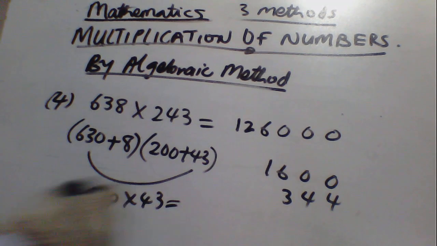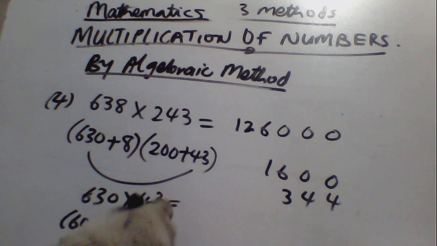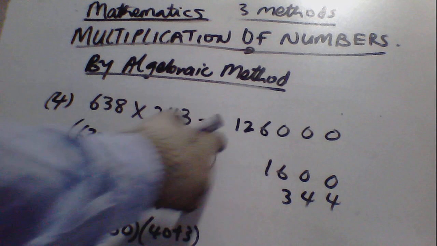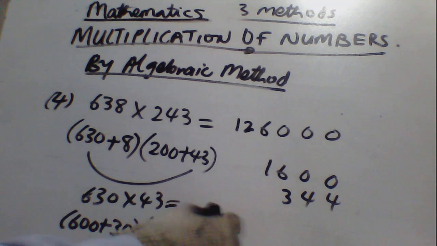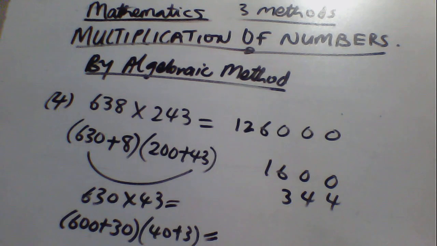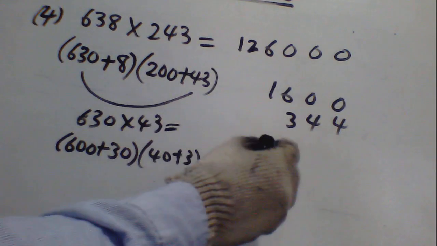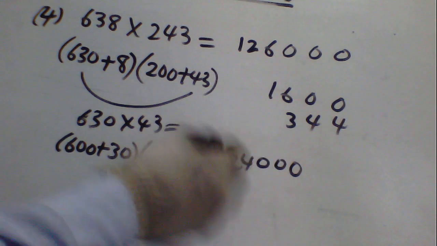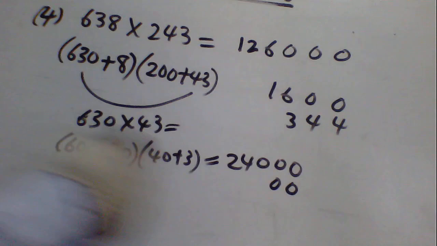So this is the same as 600 plus 30 multiplying 40 plus 3. 600 times 40, 1, 2, 3. 30, 1, 2, 3. 6 times 4 will give us 24. 600 times 3, 0 0. 6 times 3 will give us 18.